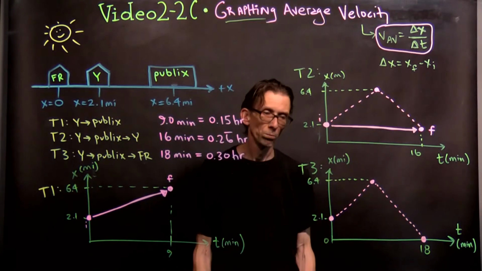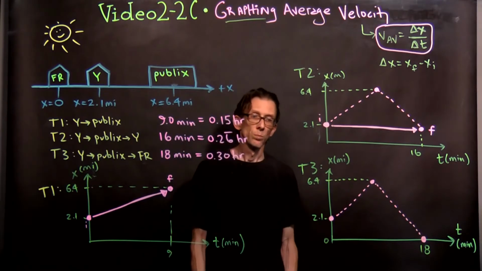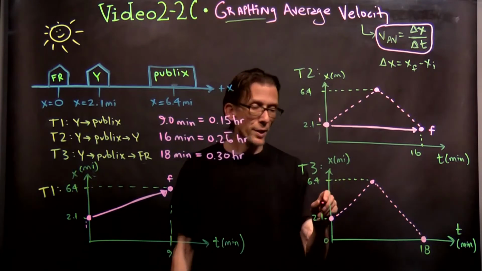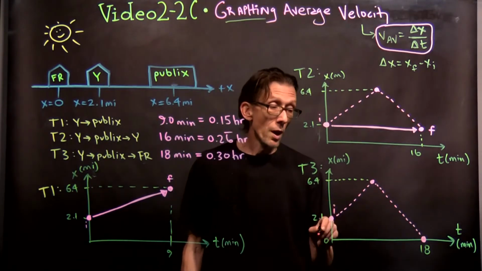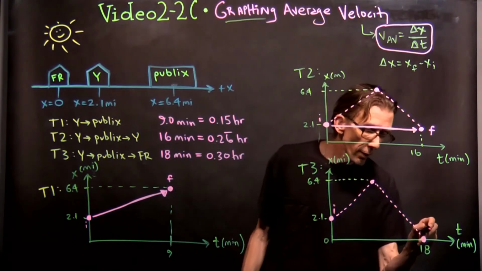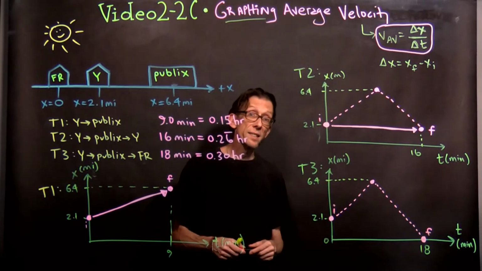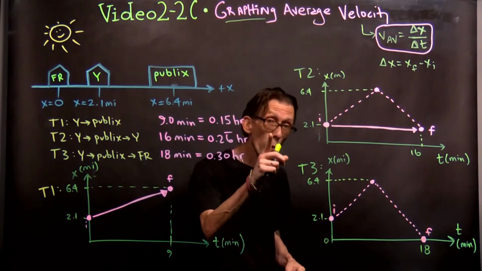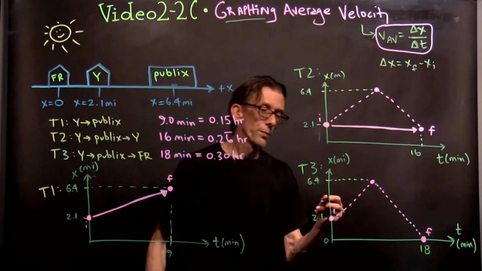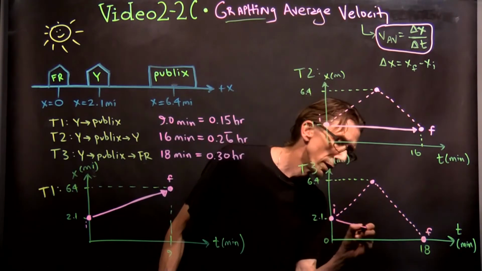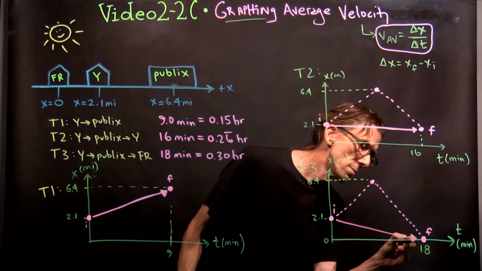So your initial point is here for trip 3, your final point is down here for trip 3, and the line that connects the initial point and the final point is this line right here.